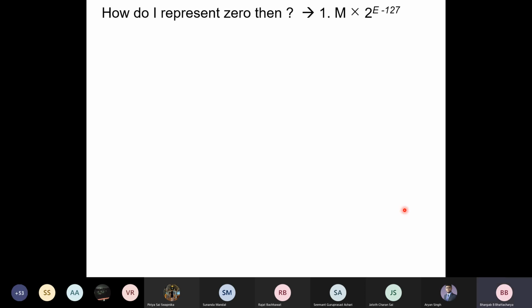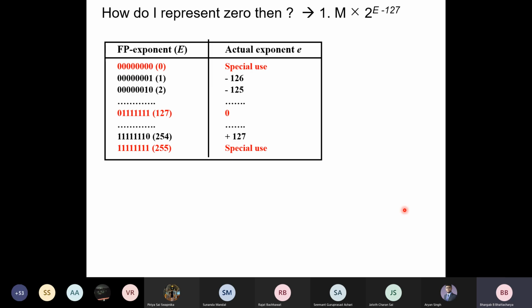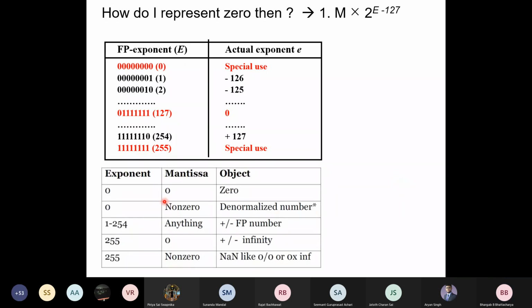All right. So how do I represent 0? We have already discussed it, and that's why this value is reserved specially, so that when you use this exponent, this rule does not apply. The 1.m rule will not apply for this special case. So here we explain the different special uses.